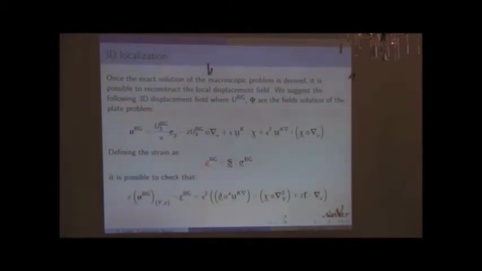So I can compute another estimation of the strain directly from the stress, and you can check that the compatibility is satisfied up to a higher order in terms of the small parameter. Okay, so you can estimate here how much you do not satisfy the compatibility equation.